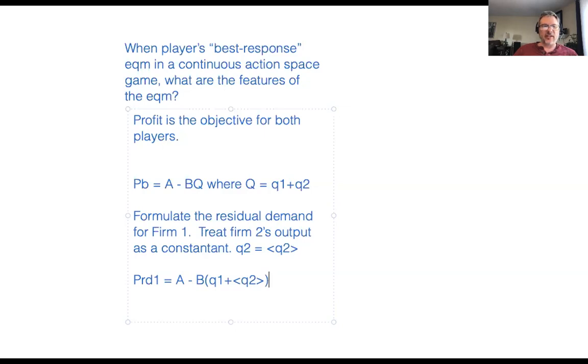So that's really our first step in solving this problem. And now I'm going to play with the residual demand, and I'll do that on another whiteboard. Okay. So then the solution gets a little bit easier, okay?